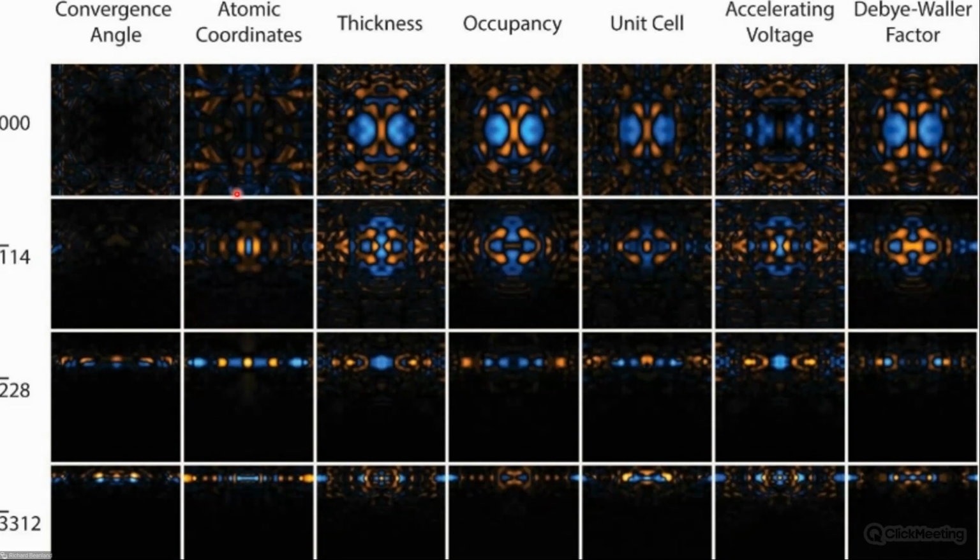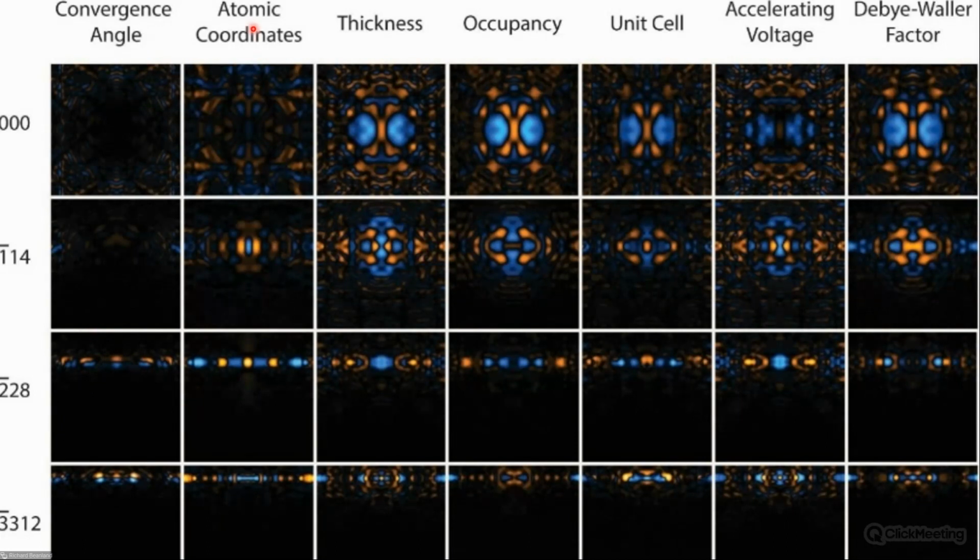In these images, if it's gone orange, then it's a positive difference. If it's blue, it's a negative difference. The brighter orange it is, the bigger the difference, or the brighter blue it is, the bigger the negative difference. So if I take my original model and change the convergence angle, then obviously that makes a big difference to where the lines are.